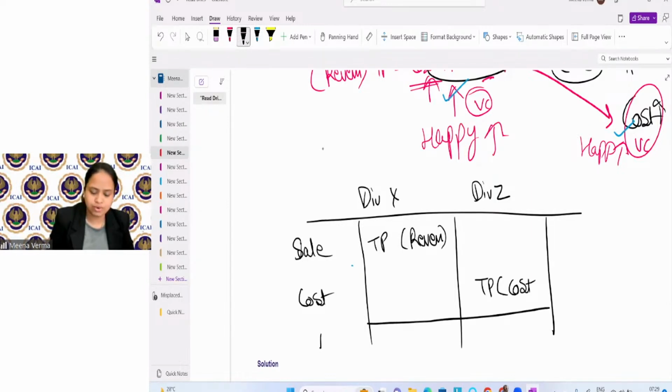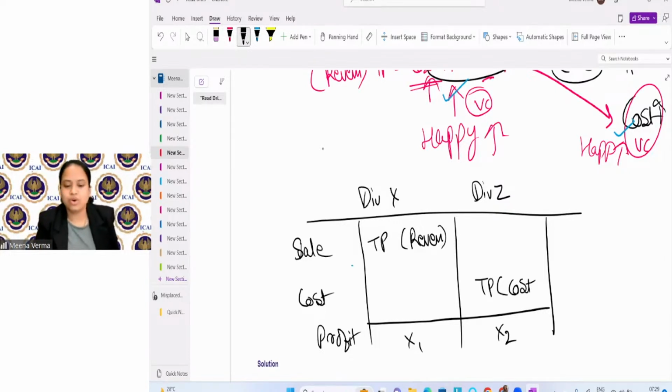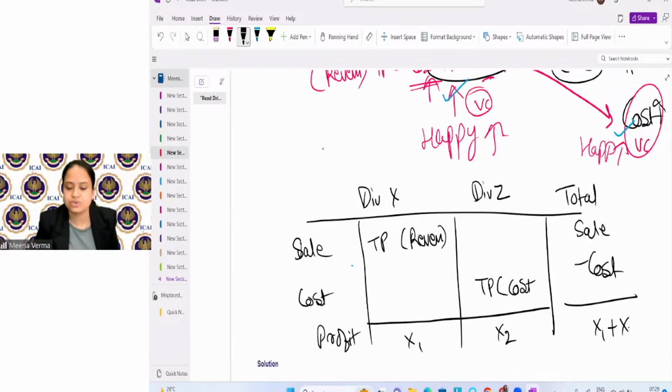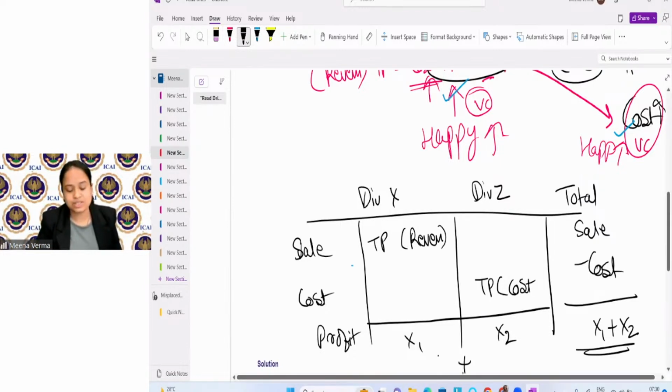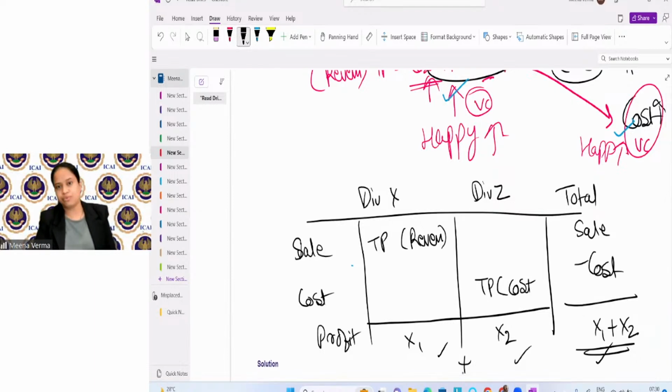Whatever profit you get here is X1, and whatever profit you get here is X2. The total company profit is sales minus all the costs, which will be X1 plus X2. This gives the overall profitability, and this will always be equal. X1 profit plus X2 profit will always be equal to the sum of the profit of the company.